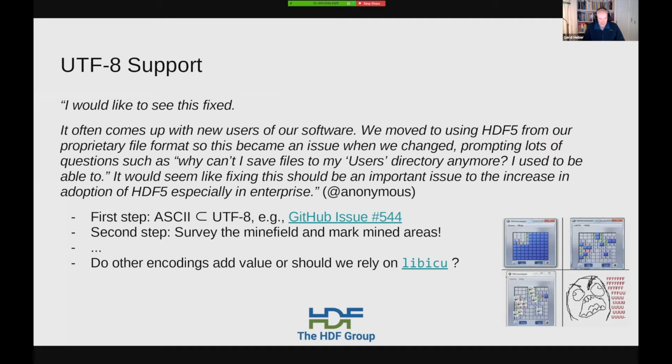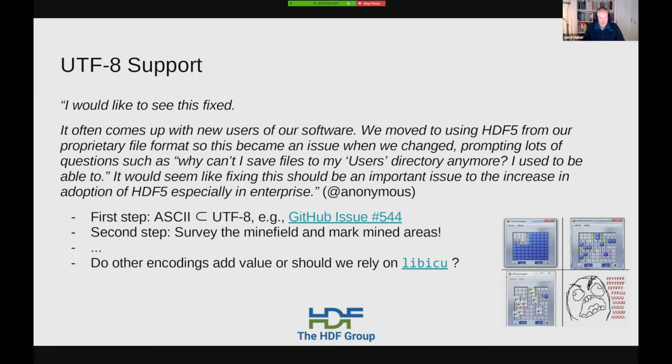The first step would definitely be to straighten out the misconception that to a degree has been baked into the library, that ASCII is a strict subset at the byte level representation of UTF-8. I reference here a GitHub issue where a group somewhere found that, at least as far as string conversion is concerned, right now the code says an ASCII string cannot possibly be converted into a UTF-8 string, which is, in my opinion, wrong and unhelpful.